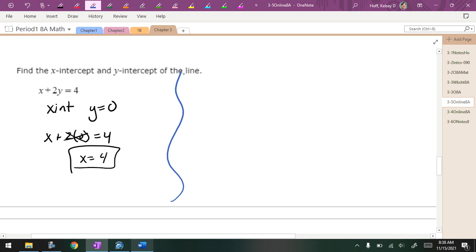Okay, then we switch. What do you know about every y-intercept? X equals 0. So now take your equation and put 0 in for x. 0 plus 2y equals 4. Now be cautious here.